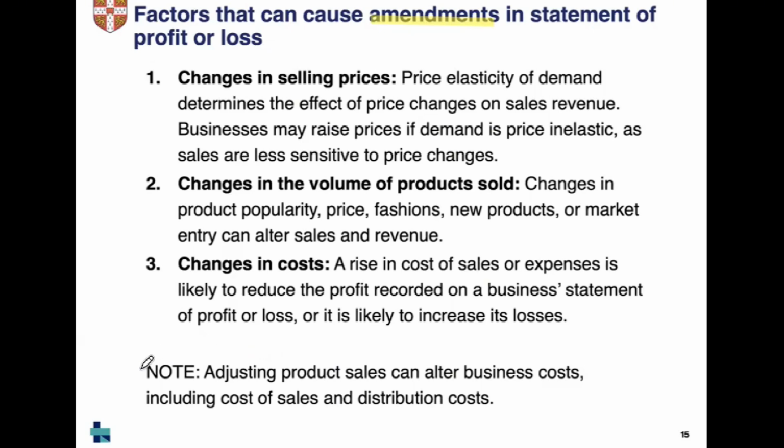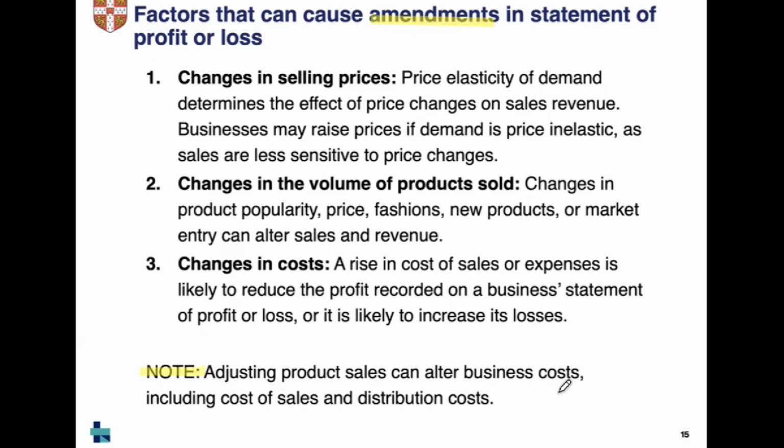All right. And then there's a note down here that says that adjusting product sales can alter business costs, including cost of sales and distribution cost. We'll look at an example and we'll know exactly what we mean by that.